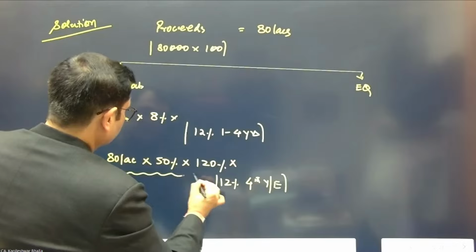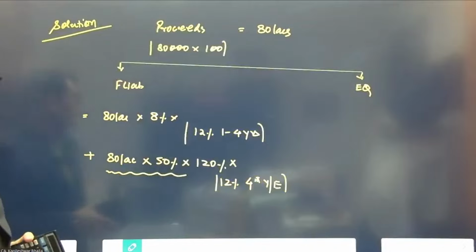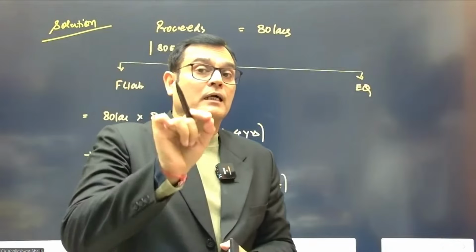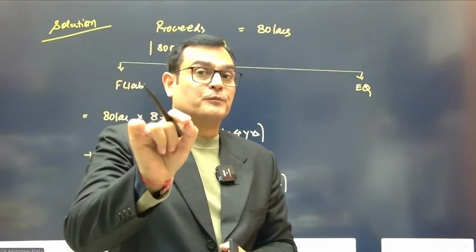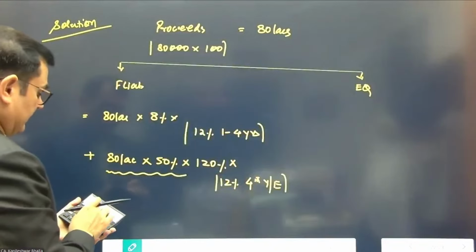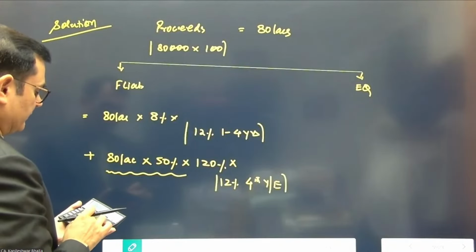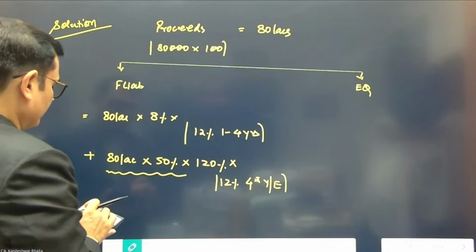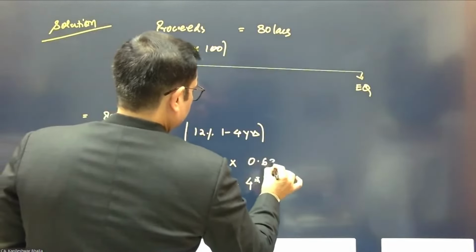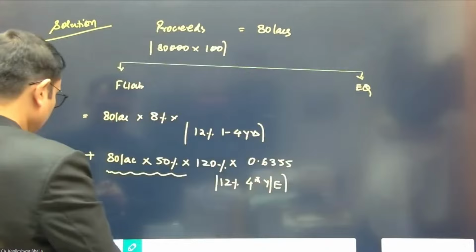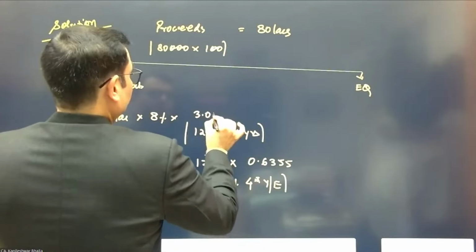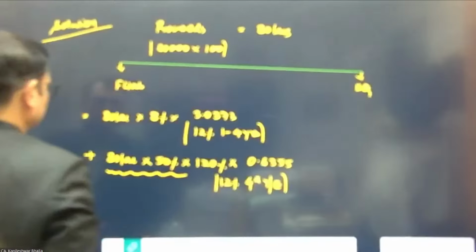Notice we're taking 50% principal, and that's also payable at a 20% premium. So our unavoidable obligation is to pay the 50% principal in cash at a premium. So let's see at 12%, what are the factors? 2, 3, 4. That's 0.6355. This is 0.6355. And this is 3.0373 up to 4 decimals.